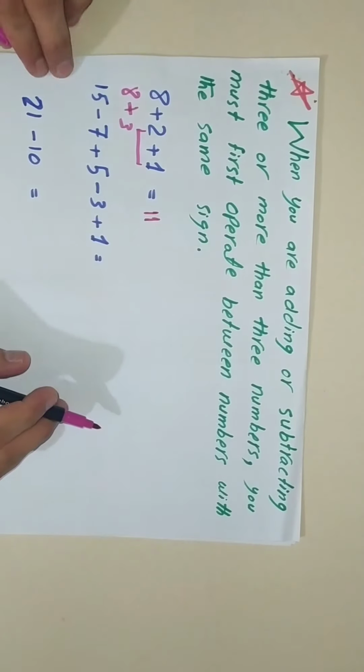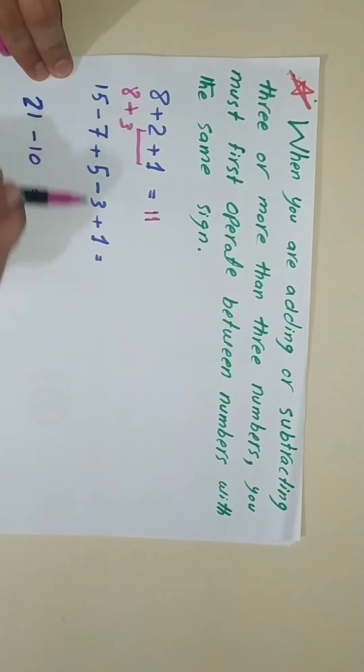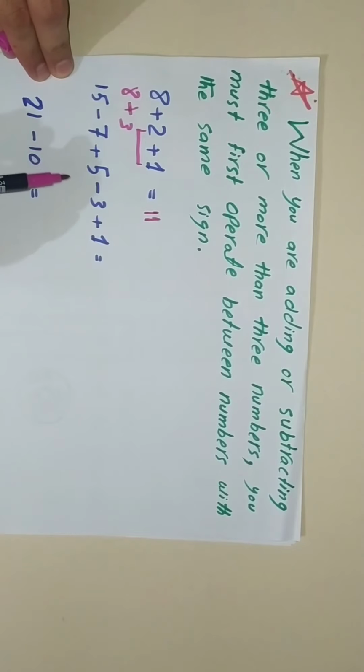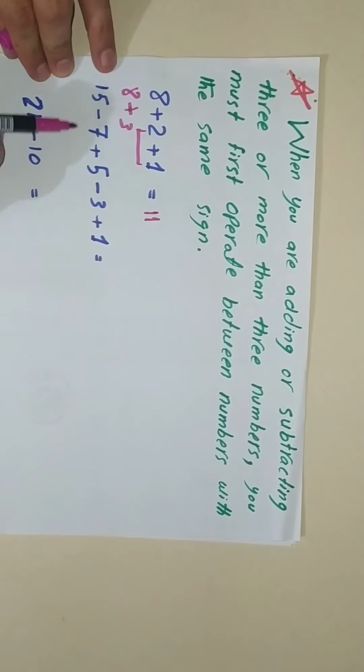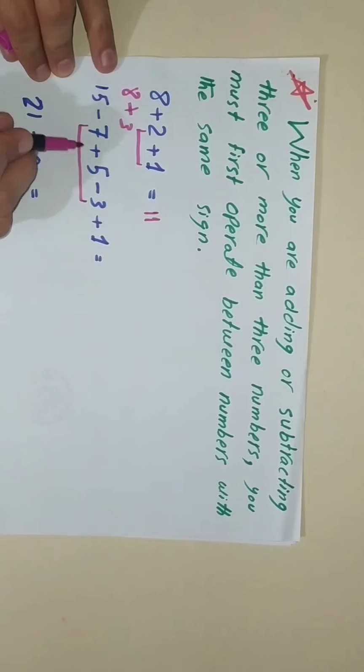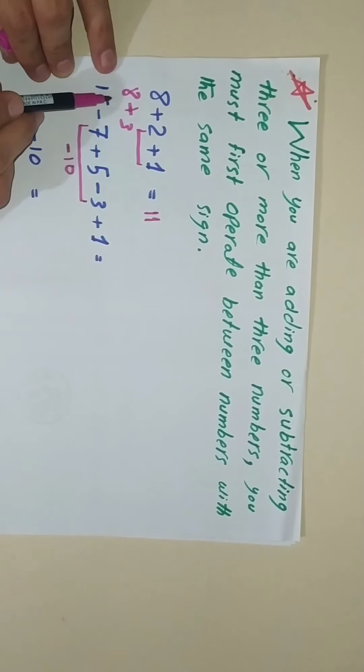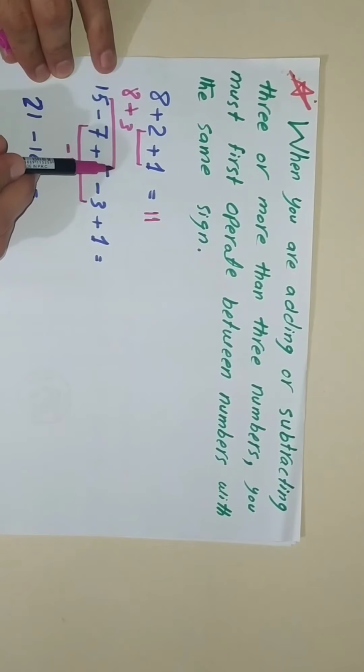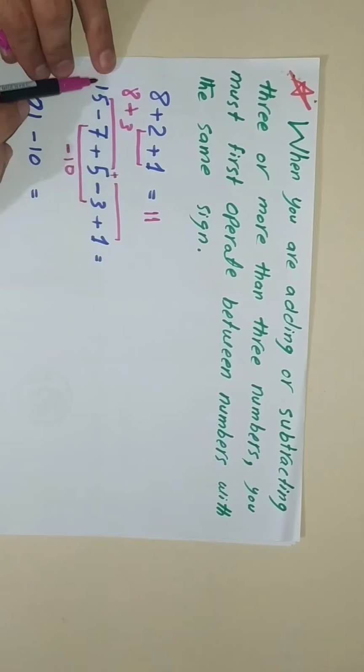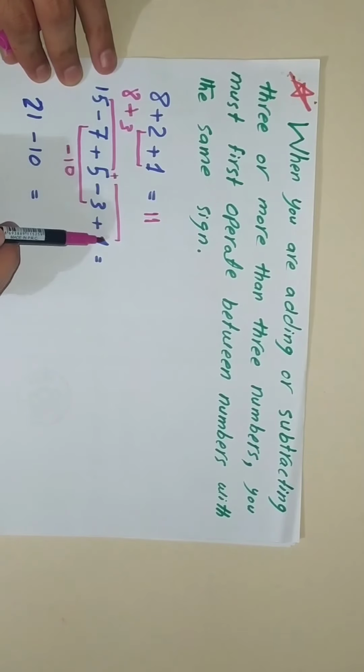Okay, but in this question there are more than 3 numbers, and first we have to operate with the same sign. Minus 7, minus 3. So I have to first operate these two. Minus 7, minus 3, the answer will be minus 10. And then I have to operate 15 plus 5 plus 1. 15 plus 5, 20 plus 1, 21.